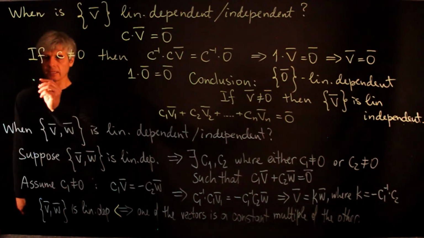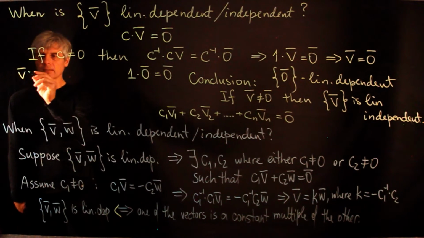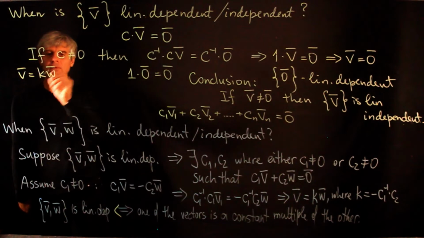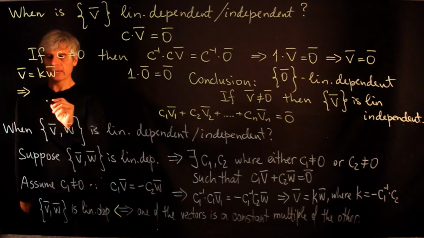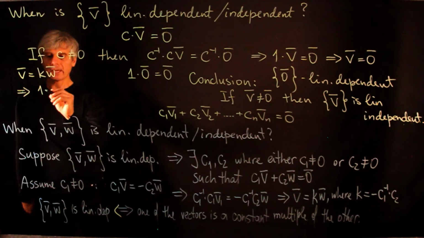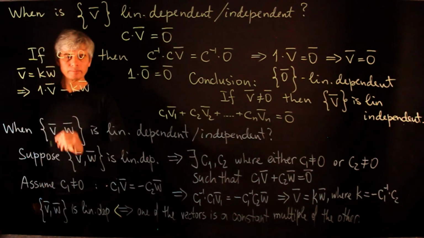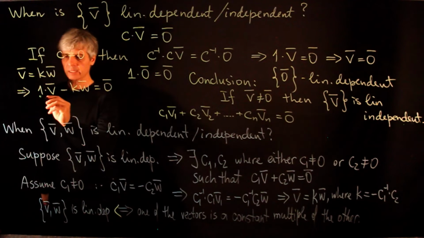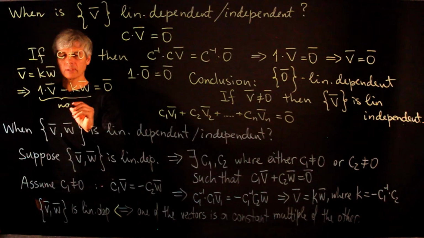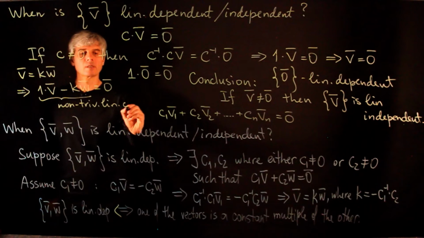So let's see this. So suppose v is k times w. So then this implies that 1 times v minus k times w is equal to 0. But this becomes a non-trivial linear combination.